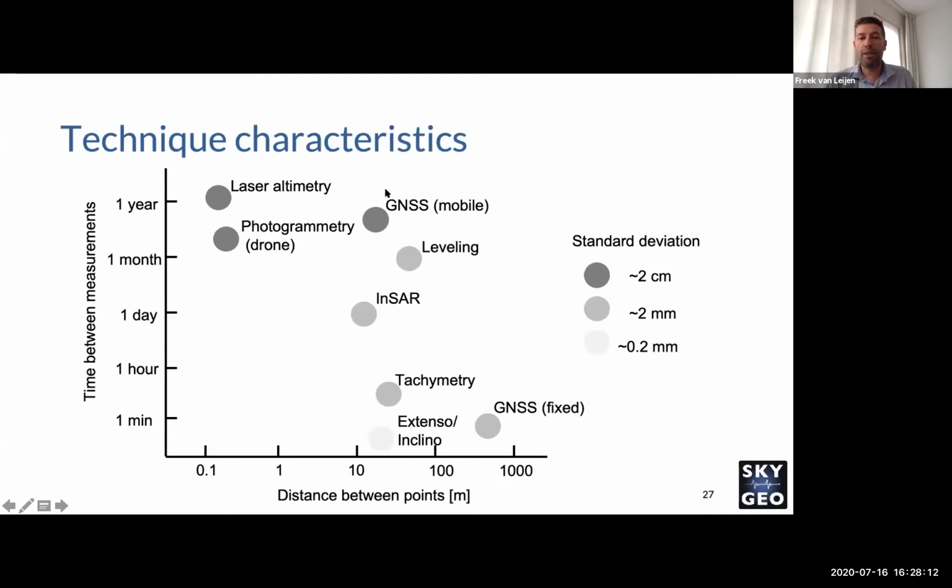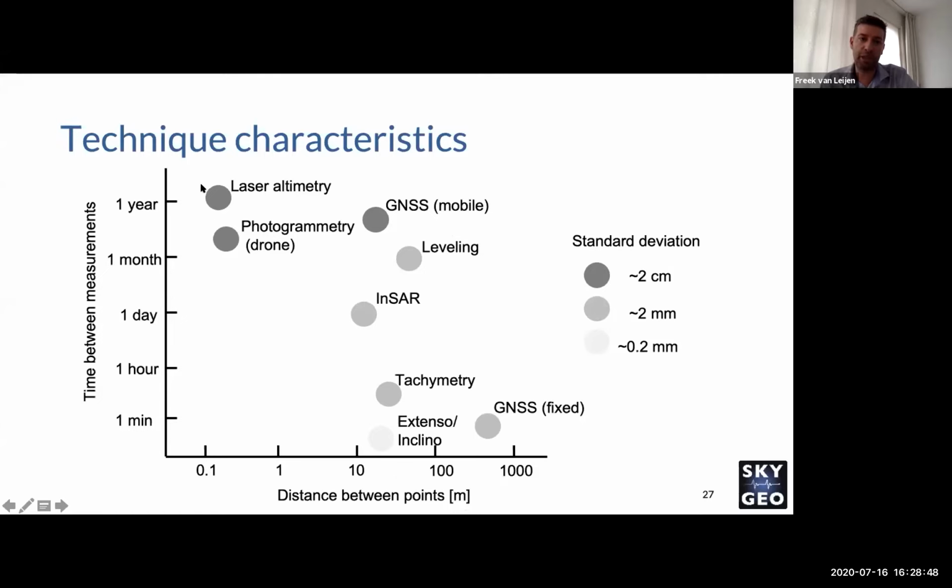What is good to know is how these different techniques relate. So here there's a graphic showing you a particular technique in relation to the amount of time between measurements that you can reasonably obtain from a cost point of view. Some measurements you can obtain every second or even faster, but others would be too expensive at that rate, and you'd only do once a year maybe. And the same holds for the distribution regarding point density in space.